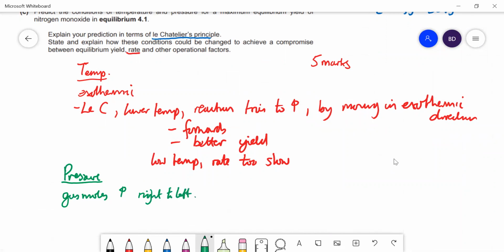So Le Chatelier tells us if we drop the pressure, the equilibrium will try and raise the pressure by moving towards the higher number of gas moles.